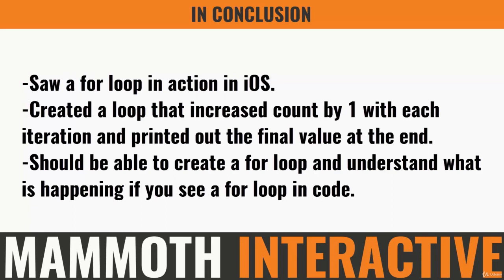We started at 0, and again we increased it by 1 with each iteration of the loop, and printed out the final value at the end, which turned out to be 5, because again we ran our loop 5 times, increasing count by 1, so a total of 5. By now you should be able to create a for loop and understand what's happening if you see a for loop in code. So take a look at how much it's incrementing by, where it starts, and when it's going to stop.